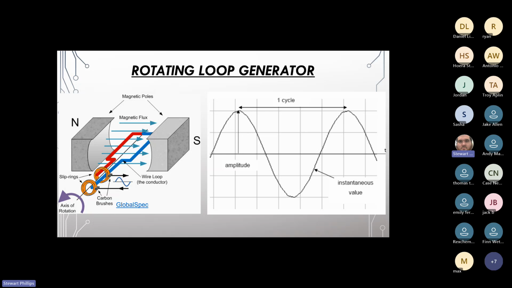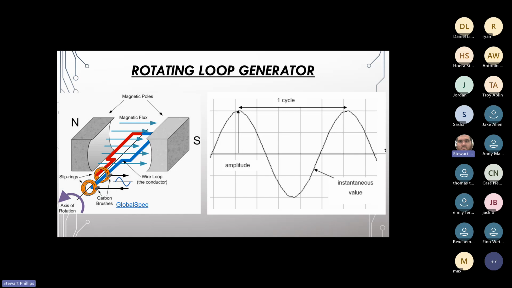It will tell you in the question or show you that it's moving right or left. If we look at the purple arrow at the bottom, it says the axis of rotation. It means that the blue is going up. You only need to know which way it's spinning, and it will ask you which direction the current is flowing. Is it flowing from red to blue or blue to red?